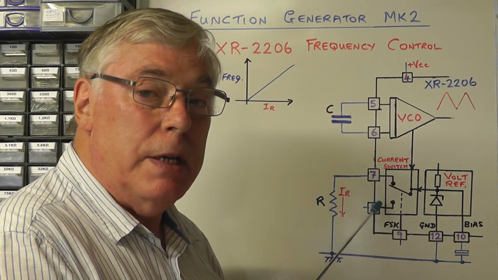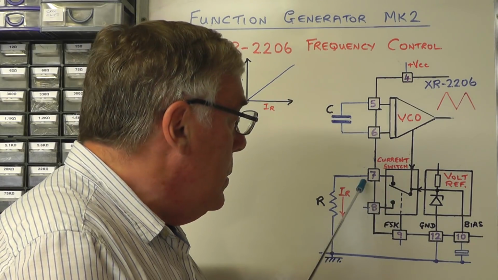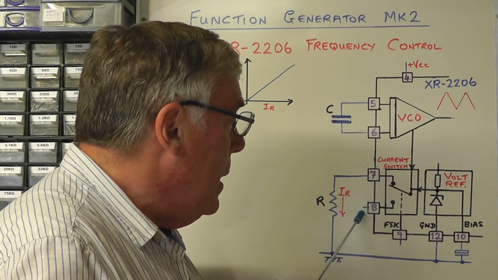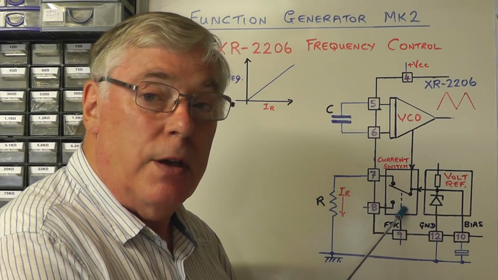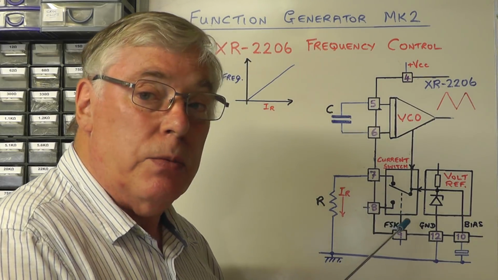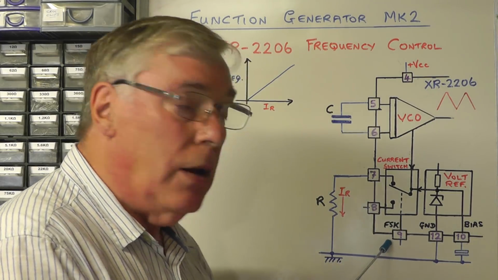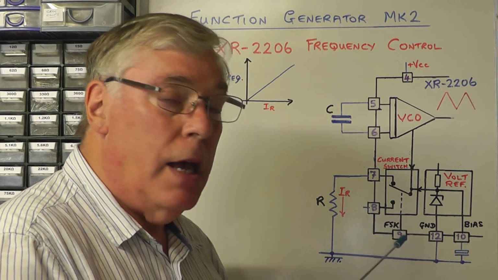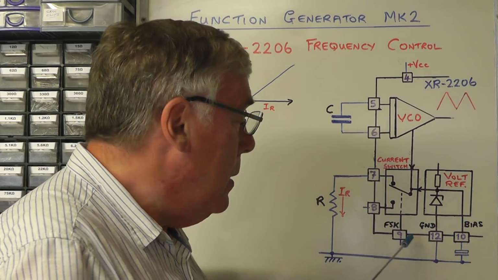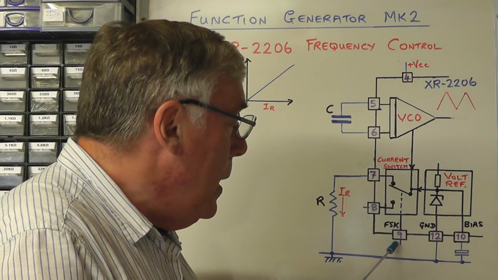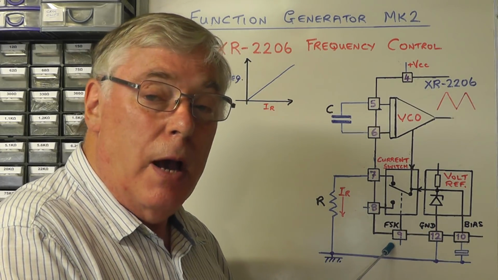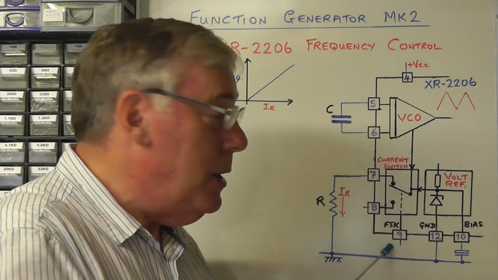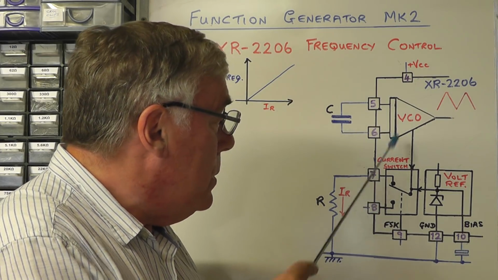Now the timing resistor can be selected to either use pin 7 or pin 8 by means of this current switch, and the current switch is controlled by the logic level on pin 9 of the IC, which is referred to as the FSK, the frequency shift keying pin. When the logic level of that pin 9 is high, or it's left open circuit, the situation is as we see here.